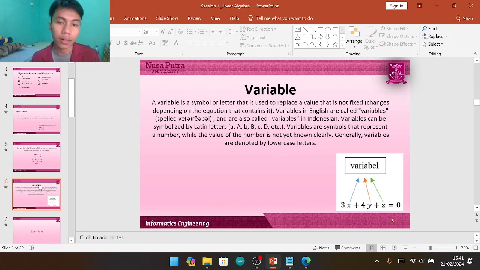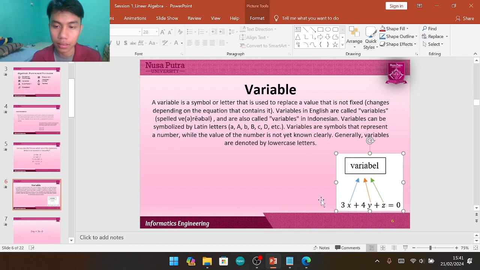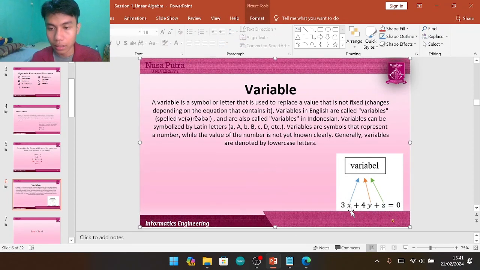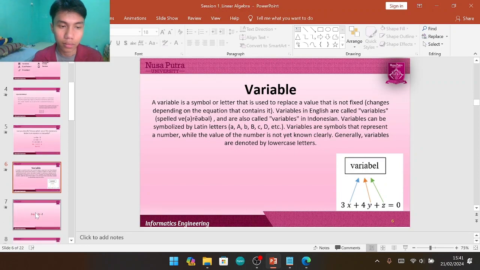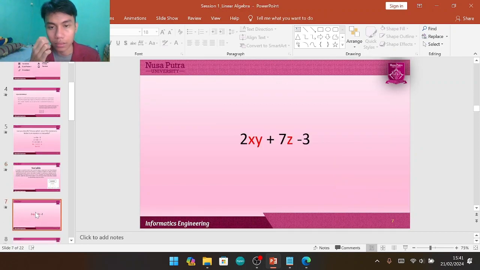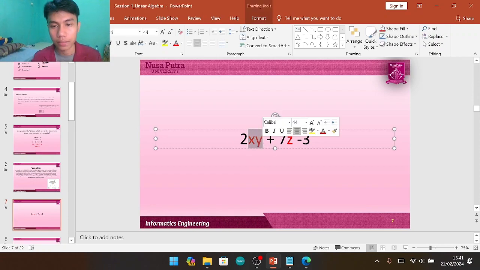Generally, variables are denoted by lowercase letters, like x, y, and z. So let's get to the example. So there are the variables x, y, and z.